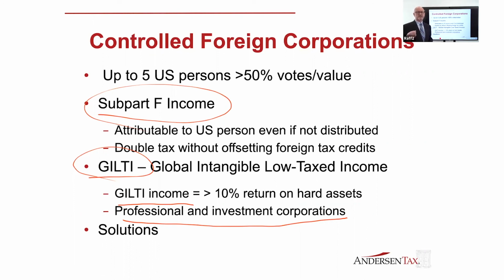Both Alberta and BC have ULCs, and some other provinces do as well, and they have some unique attributes associated with them. There are other solutions that get more complex. Whether or not you think they're a solution, we can debate that after we look at your facts. But you need to be mindful of this issue about GILTI and Subpart F income.